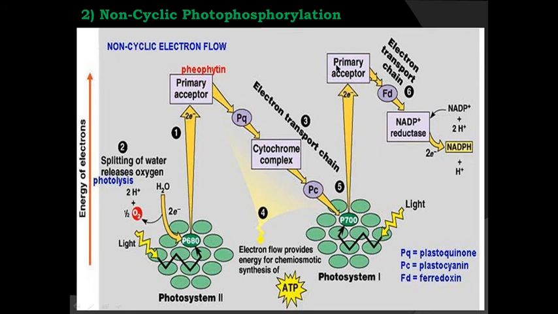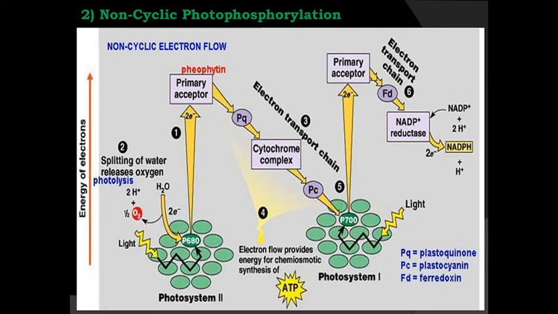It moves and is accepted by the primary electron acceptor, and this primary electron acceptor transfers this electron towards ferredoxin, and in ferredoxin NADP is reduced into NADPH. That means synthesis of NADPH molecules.